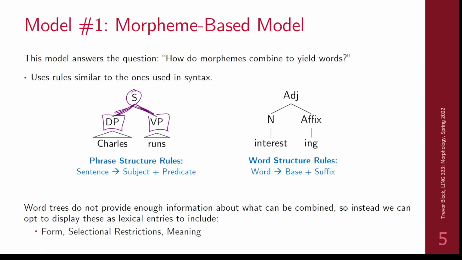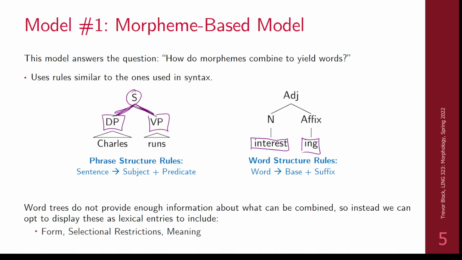The assumption of the morpheme-based model is that we have word-based rules very similar to the phrase structure rules. So a word has a base and a suffix. So it could have a base interest, and it gets ing to make it an adjective interesting. So if we can model something through syntactic rules, we can model words through word structure rules.